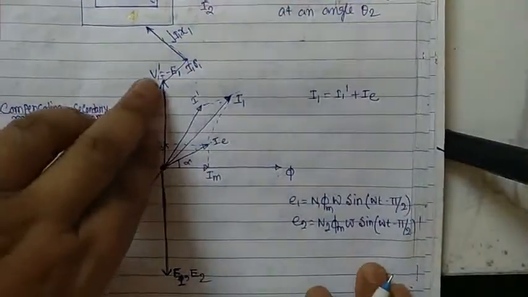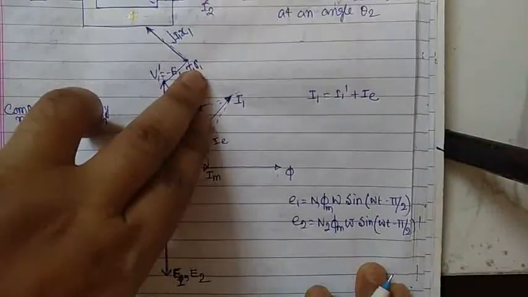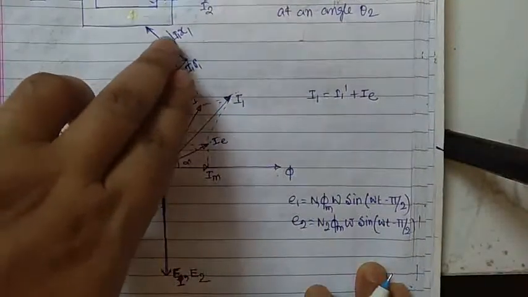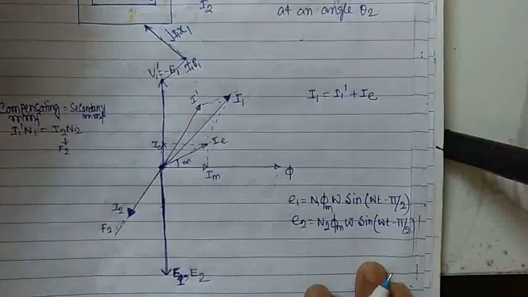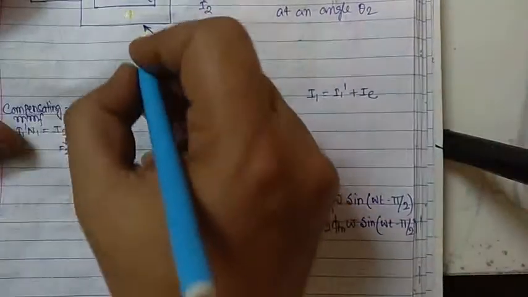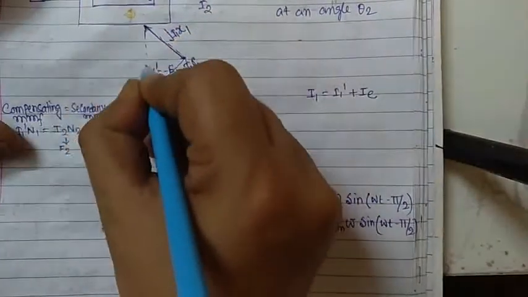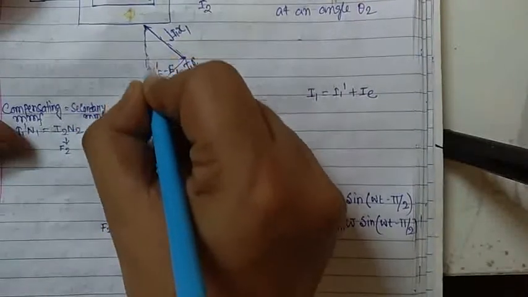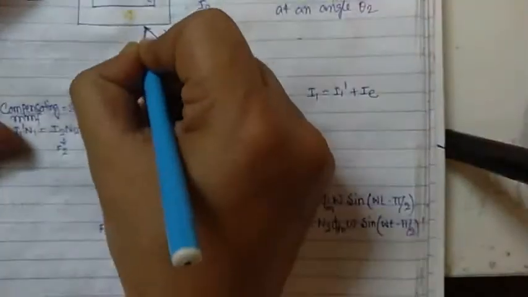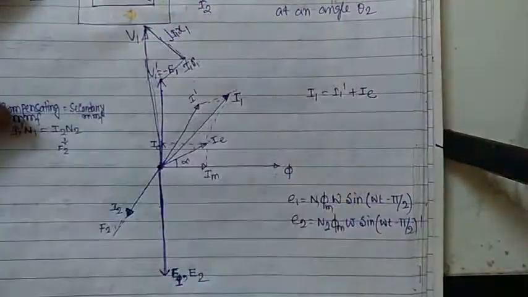So V1 dash, I1 R1 and j I1 X1 give the source voltage, that is V1. So this is the source voltage V1.